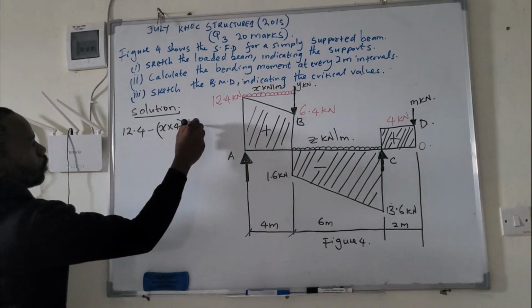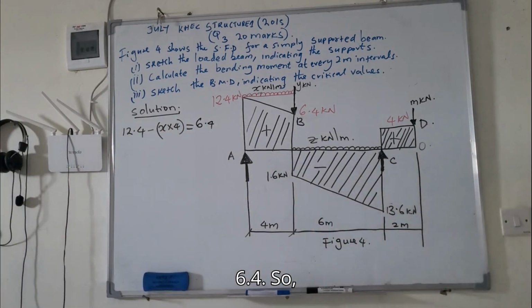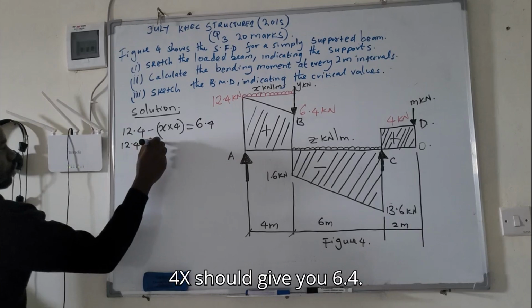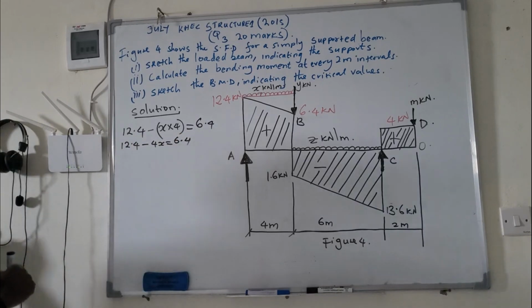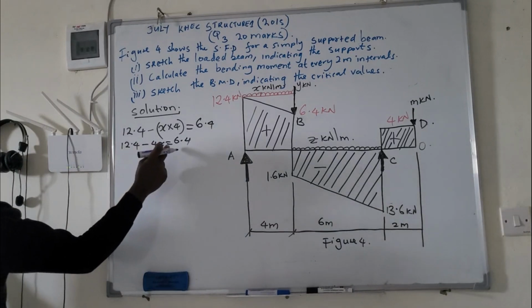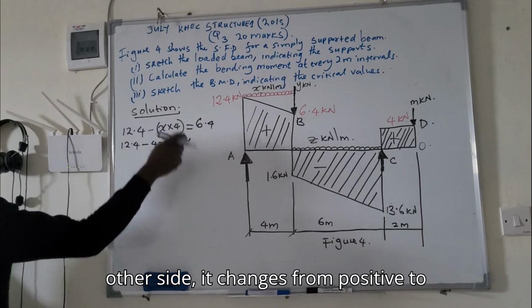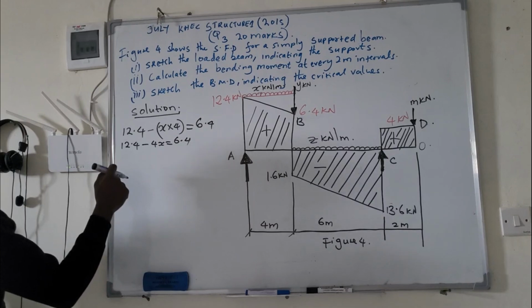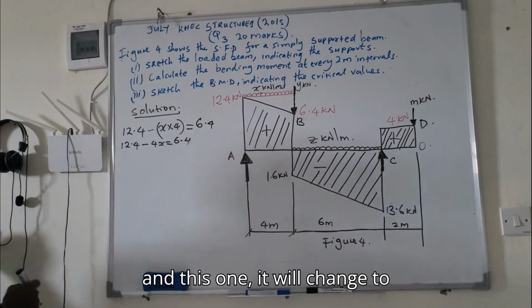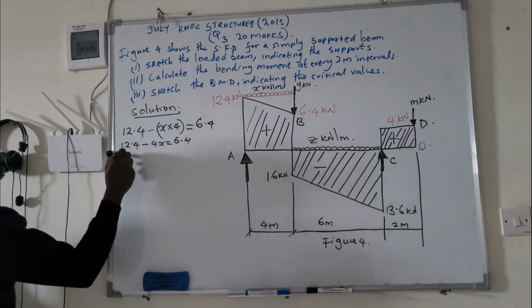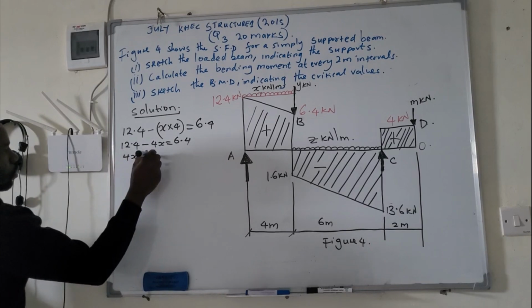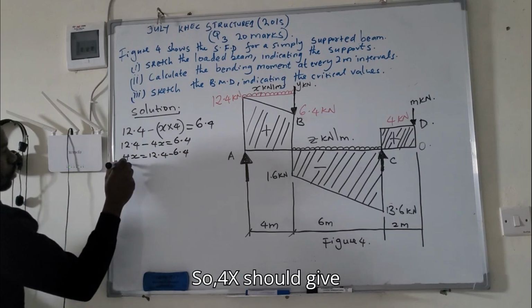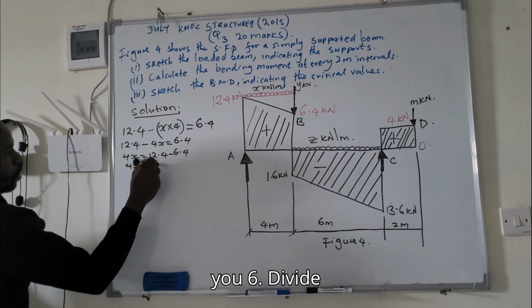So 12.4 minus 4x equals 6.4. So 4x equals 12.4 minus 6.4, so 4x equals 6.